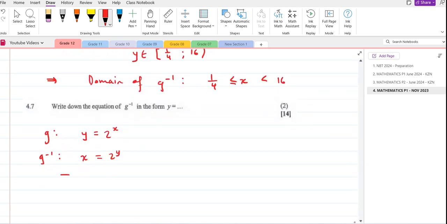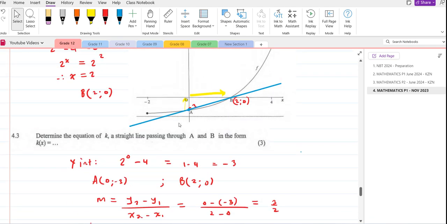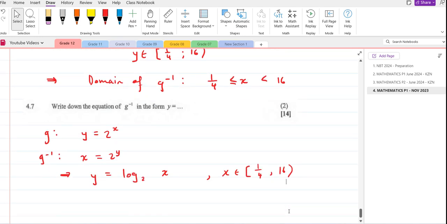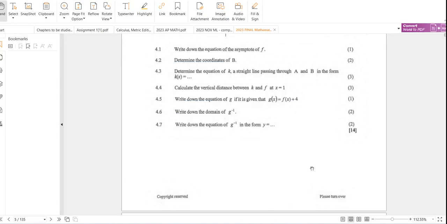This implies y equals log x base 2, and we know x is an element from quarter to 16, as you see here. So I hope you understood that. Let's move on to more functions.